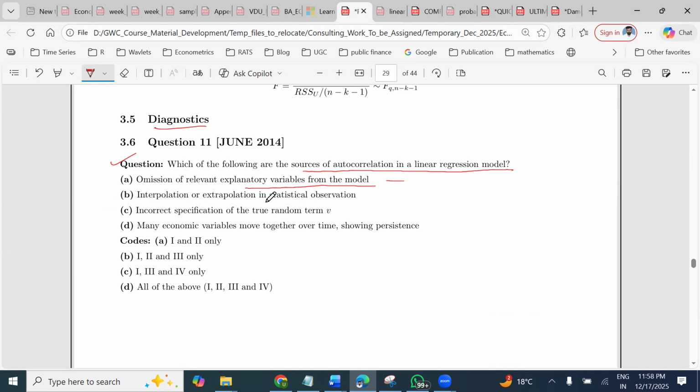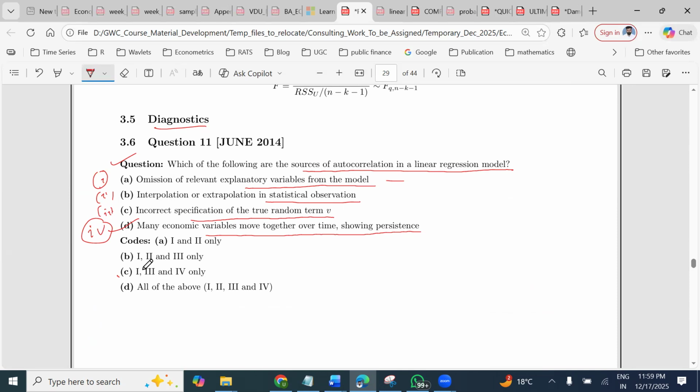Interpolation or extrapolation in statistical observation. Incorrect specification of the true random term Vt. Many economic variables move together over time, showing persistence. D is correct, which means this is IV. This is I, this is II, this is III. So IV will be this, C or D. The answer will be C or D.